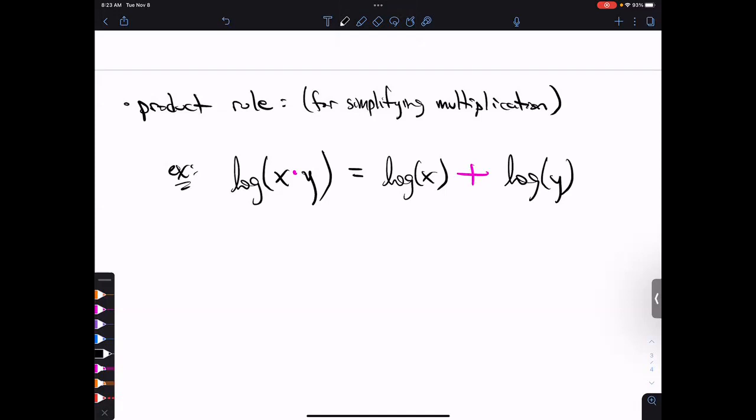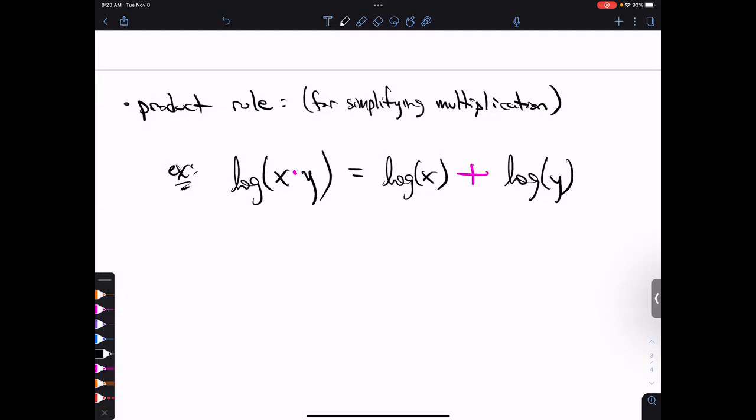So if you're looking at a product inside a logarithm, you can split that and turn it into addition, right? So you got to compute a log, but addition is much easier to perform than multiplication is, and it's also going to help us in solving and stuff like that, because this works either direction, right?